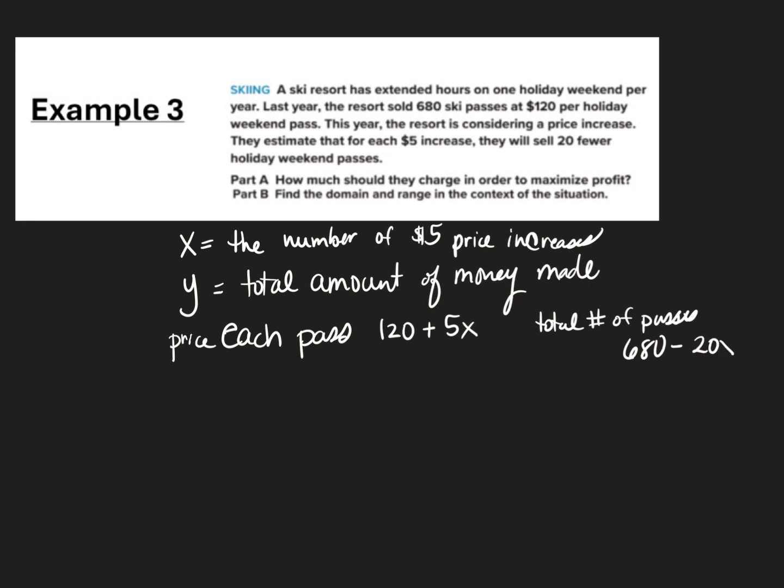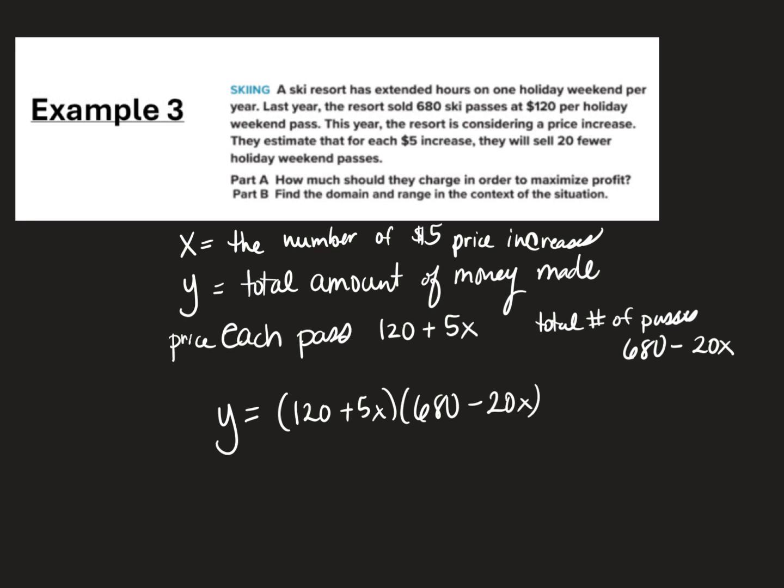So minus 20 times X. So my equation, Y is going to equal 120 plus 5X times 680 minus 20X.